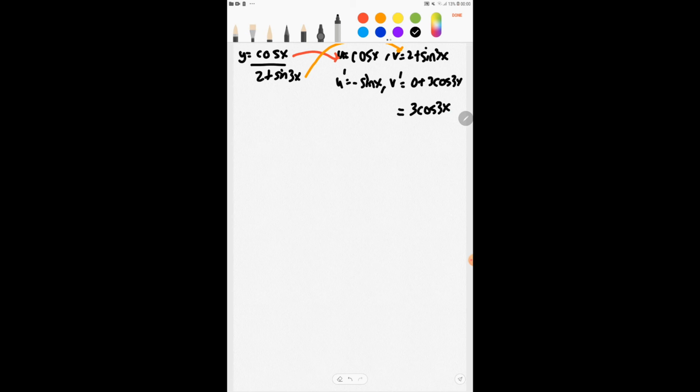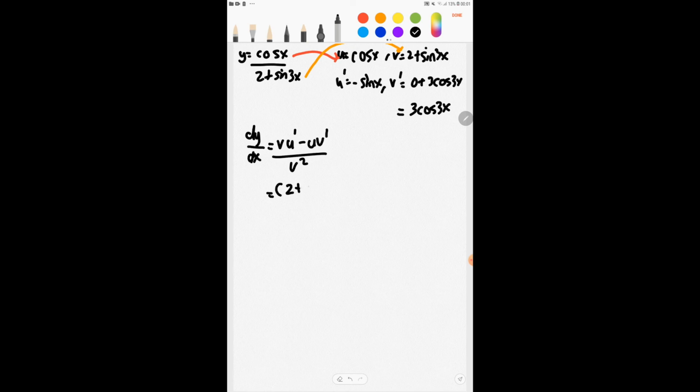Since the y is in terms of quotient form, we are going to write the formula for dy dx using the quotient rule. So we have v u prime minus u v prime, divided by v squared. We substitute the values for u, v, u prime, and so on.